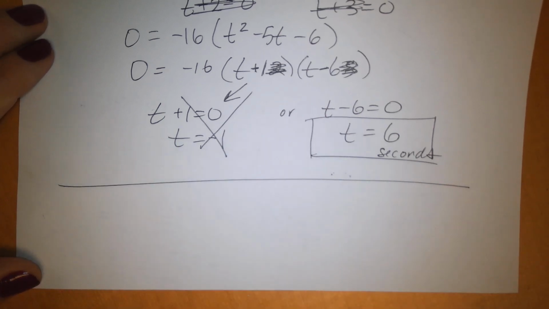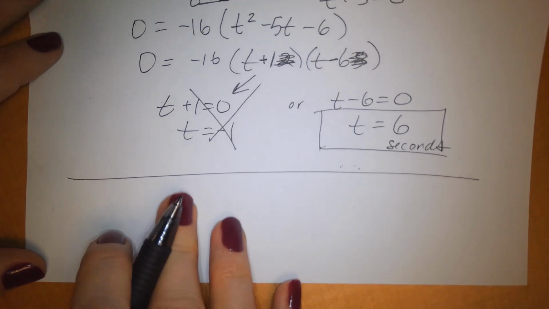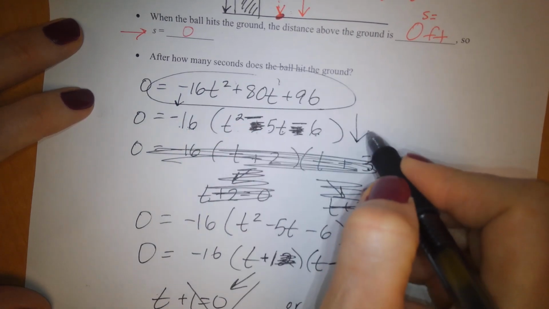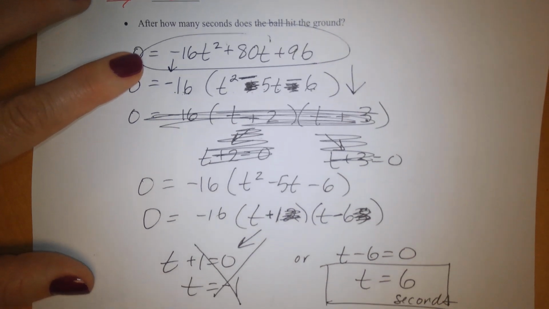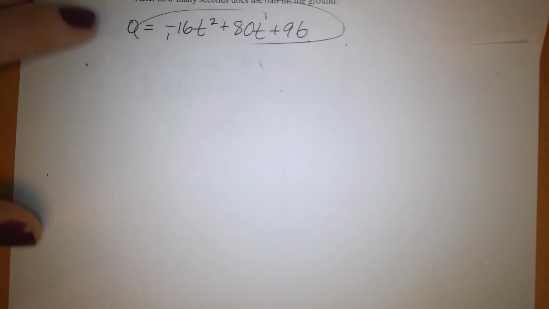One other way we could have done this question is we could have used the quadratic formula if you chose to do so. If I would have done that here, I wouldn't have made this mistake, see? So if I go back to this original and use the quadratic formula, I'll do it right here.